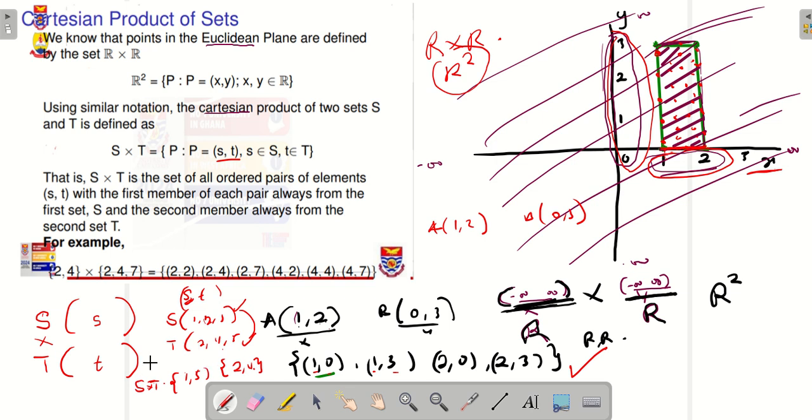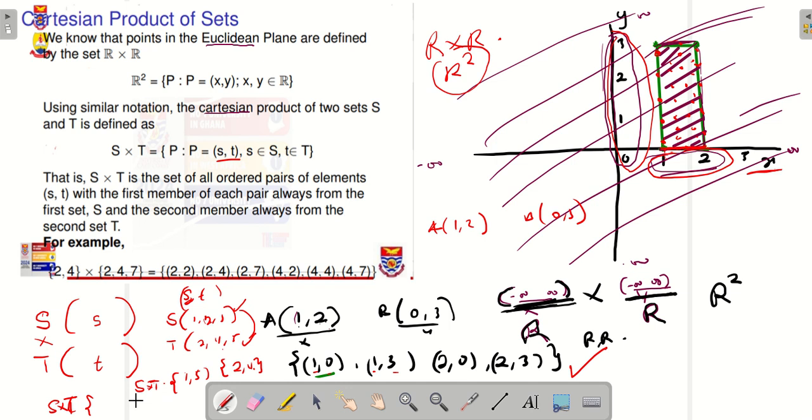Now take note that if you are finding S cross T, the Cartesian product of S and T, we don't select the T values first. We always pick an S value and pair it with a T value. Therefore, the pairs must be orderly arranged.